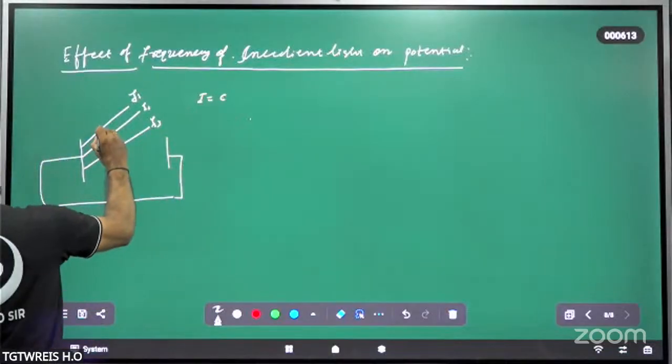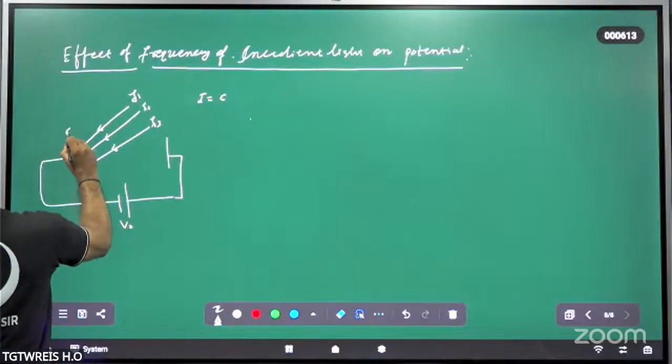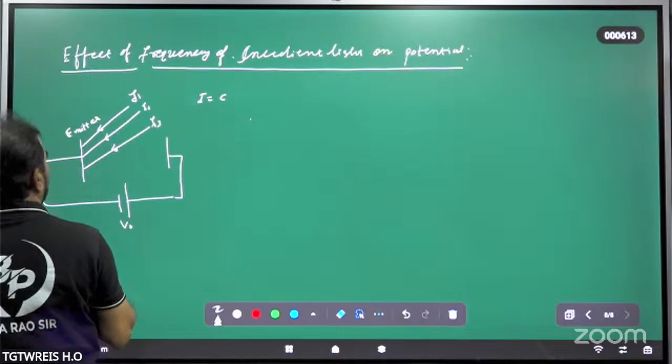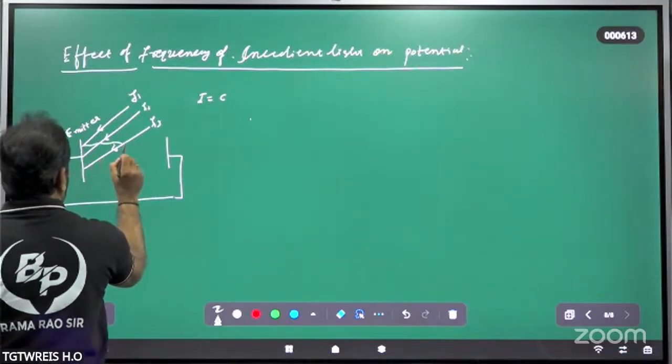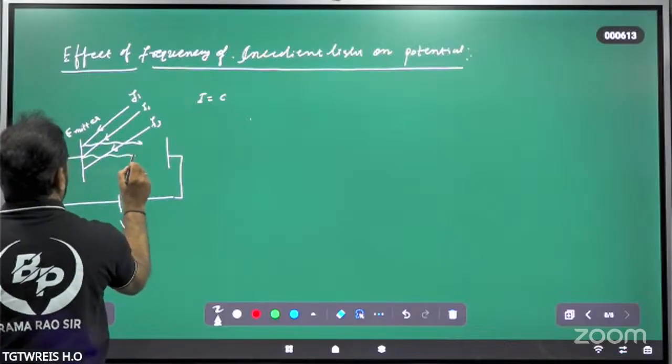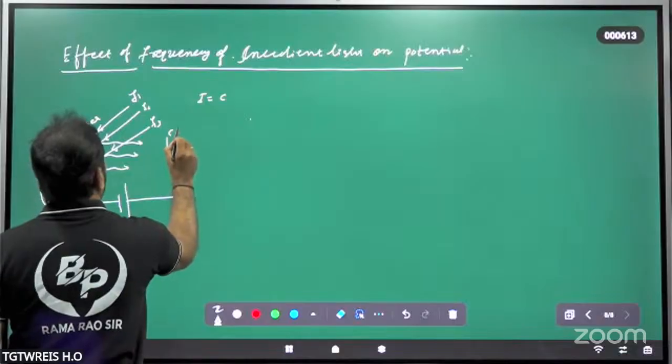When different frequencies of light radiation are incident on the emitter, the electrons are released and reach the collector like this. This is the collector.